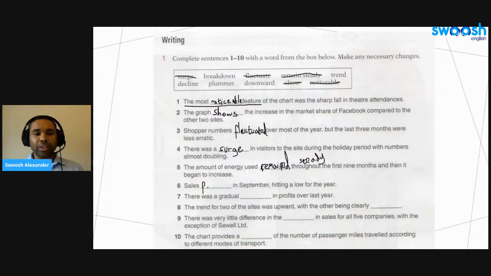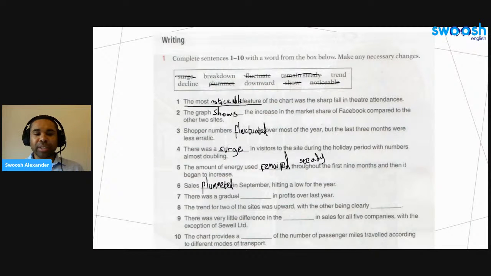So again, ensure that when you're using these key verbs, you're using them in the correct tense. So it should be plummeted in September with the ed, hitting a low for the year.